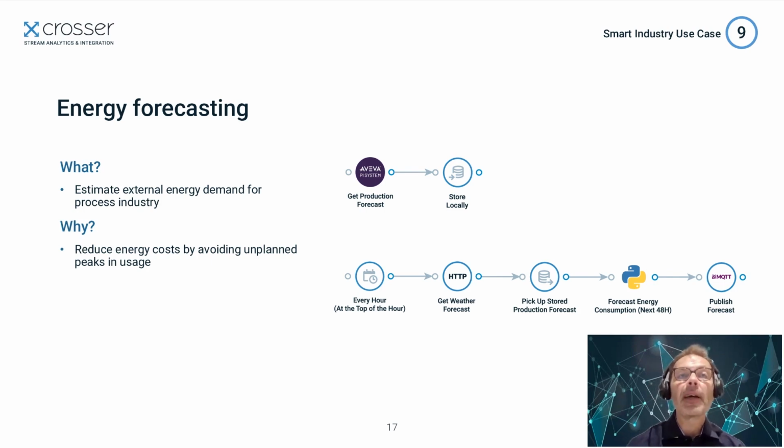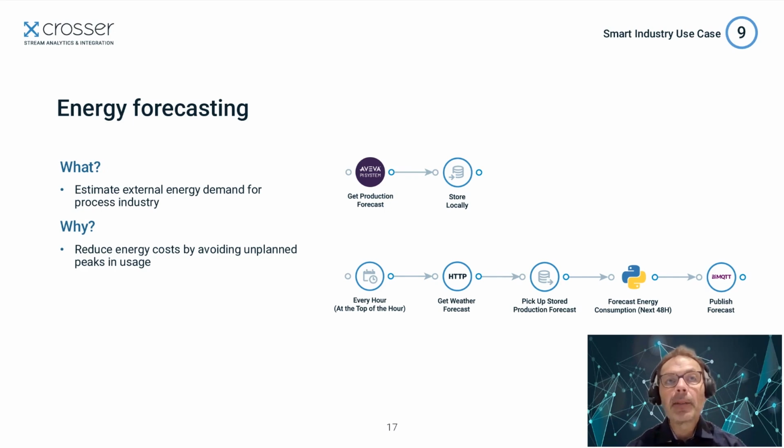So if you can forecast your energy needs over some kind of near-term horizon, you can lower costs significantly compared to if you have to increase your energy usage unexpectedly. Then that will drive a lot of cost.